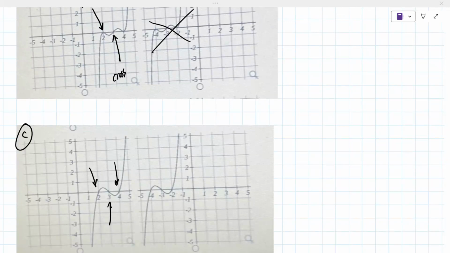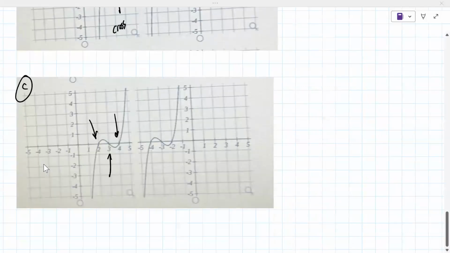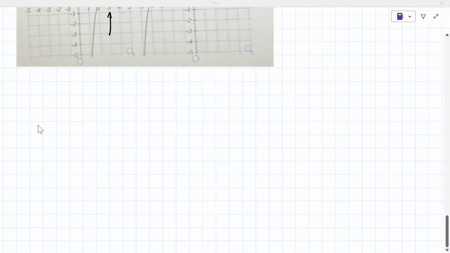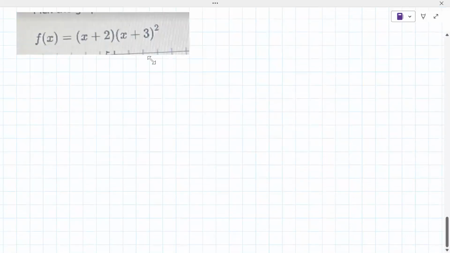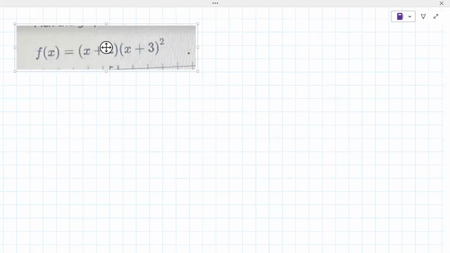Okay, we got one more problem from last night to do, and then I can make problems up like the other ones, or if you can get some of those questions over, we can take a look at those as well. All right, so here we go. We're going to do the same thing as we did in the previous problem. We're going to set this equal to 0. We're going to set x plus 2 equal to 0 and x plus 3 equal to 0.